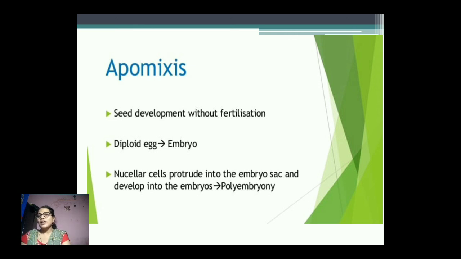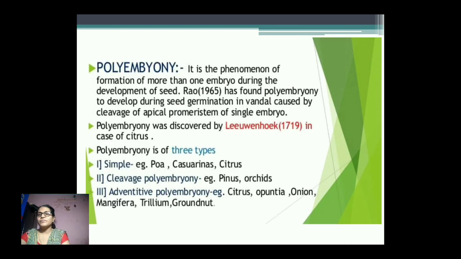The nucellar cell develops into the embryo sac and then into an embryo at the polyembryony stage. Then what is polyembryony? It is the phenomenon of the formation of more than one embryo during the development of seed, meaning a large number of embryos will be produced.